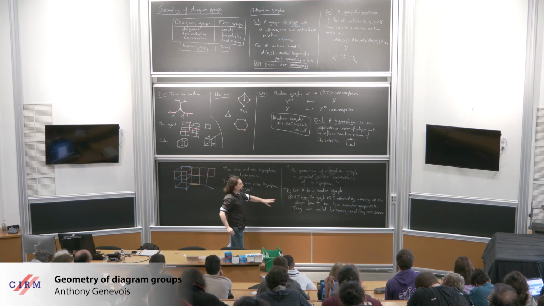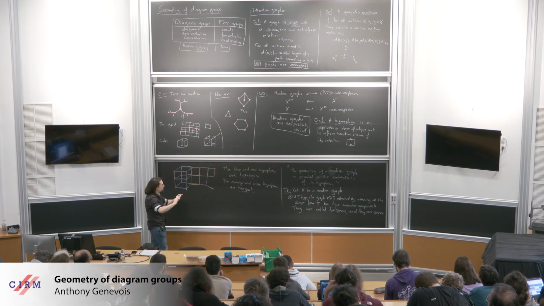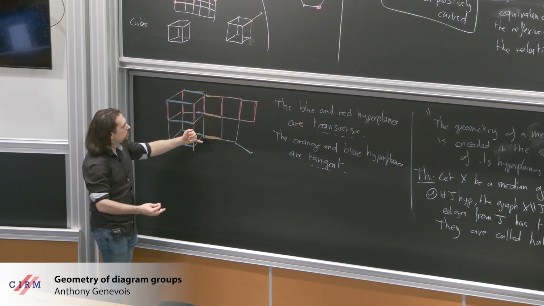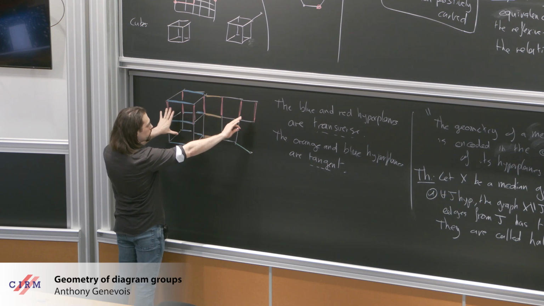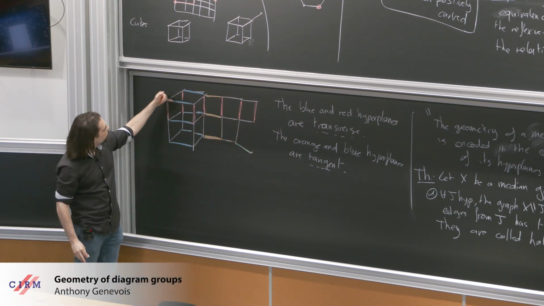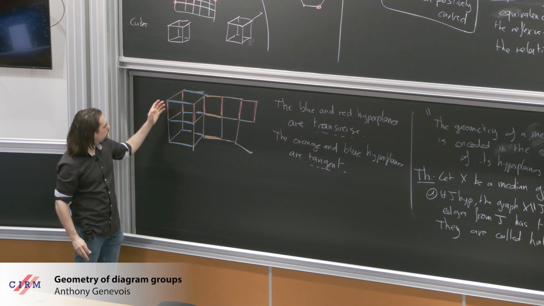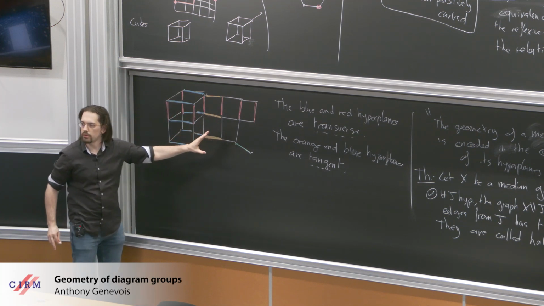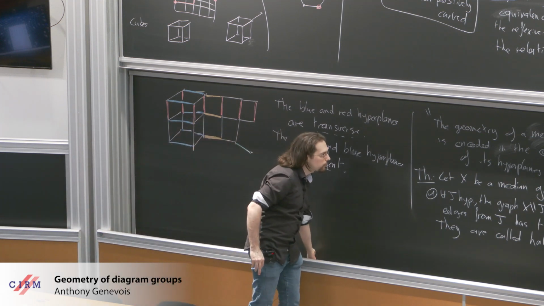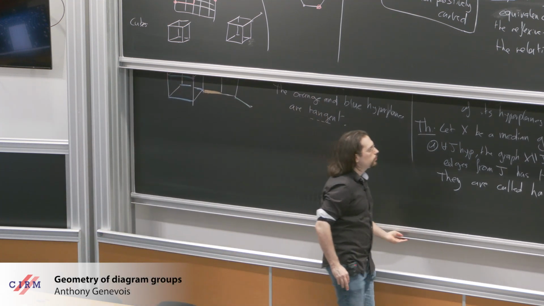Okay, I do not touch the endpoints, the vertices. So if I remove the orange edges, indeed I get two connected components, one on this side, one on this one. And if I remove the blue edges, I again get two connected components. Okay. So that's the first point.